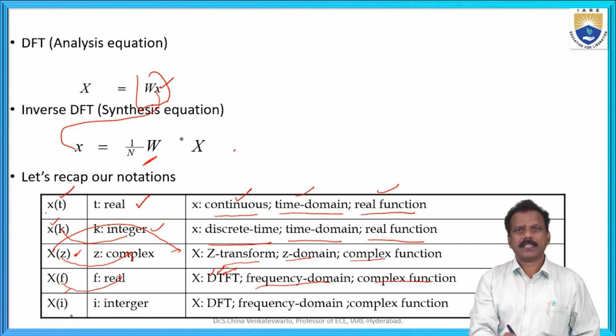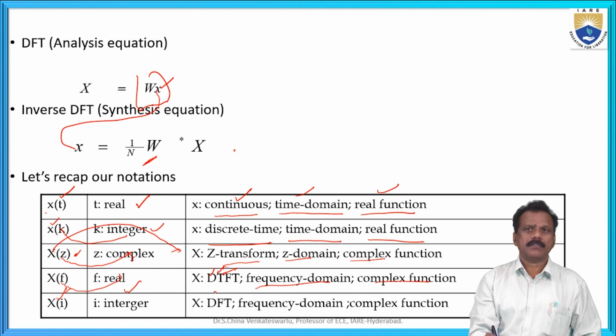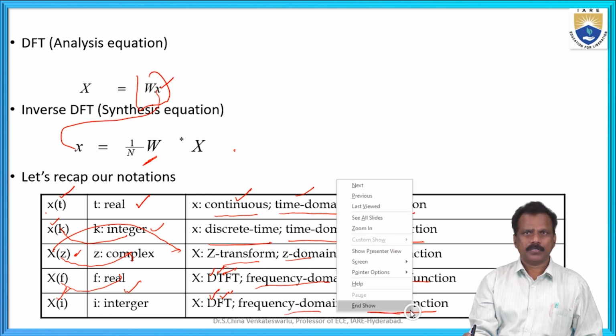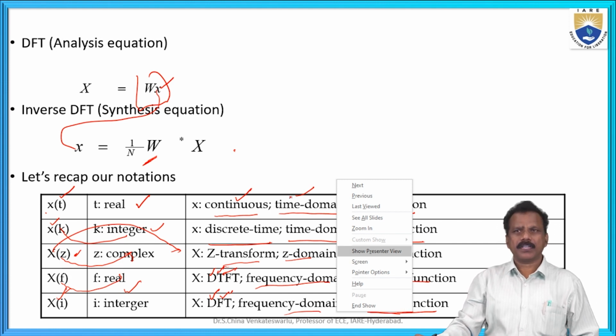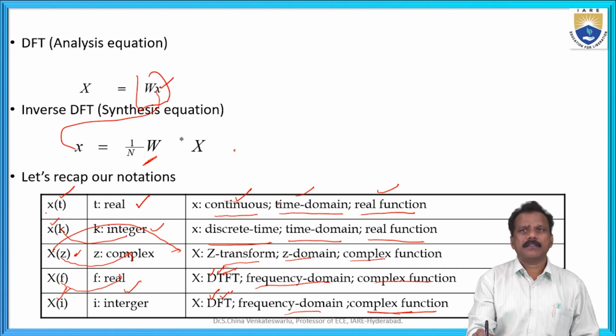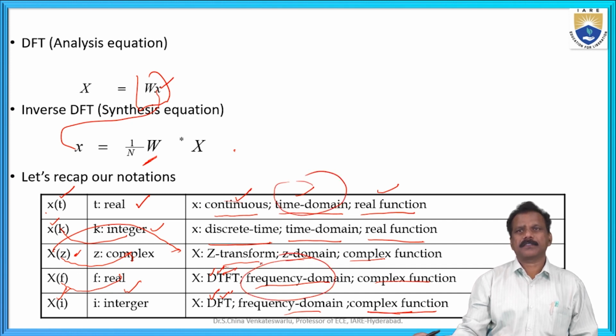Where X of i, where i is an integer, is also a discrete time Fourier transform, a frequency domain and complex function. So by using all these notations, in this recap we can easily recognize the time domain and frequency domain variations.